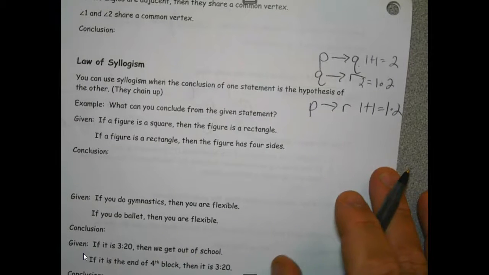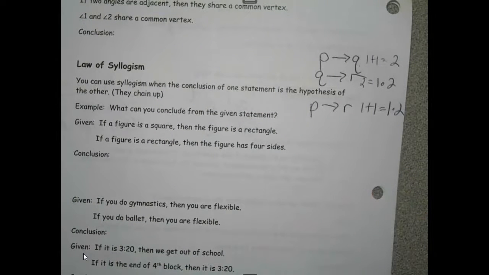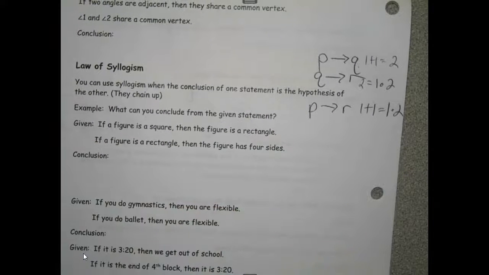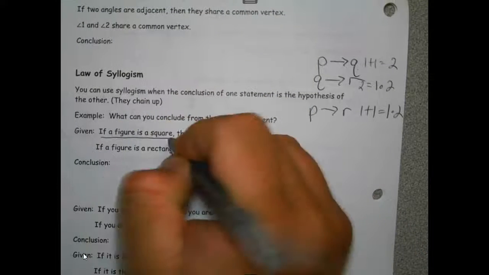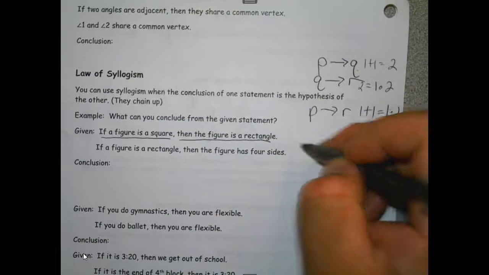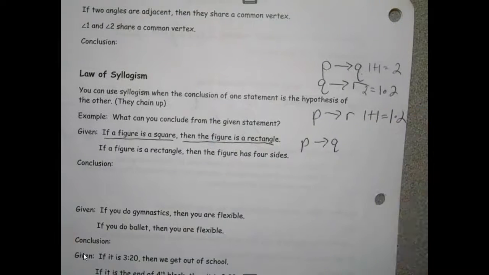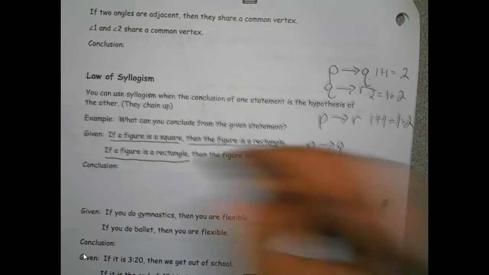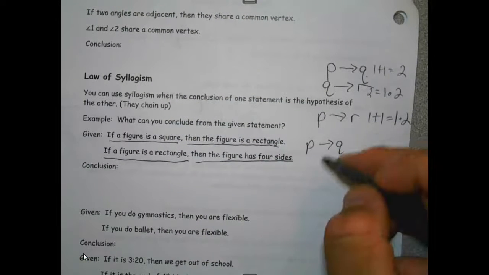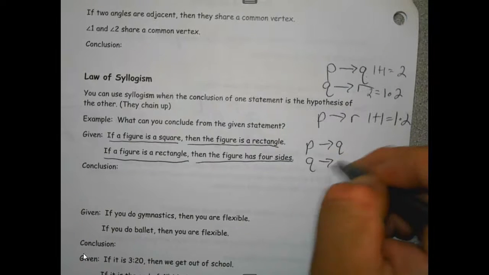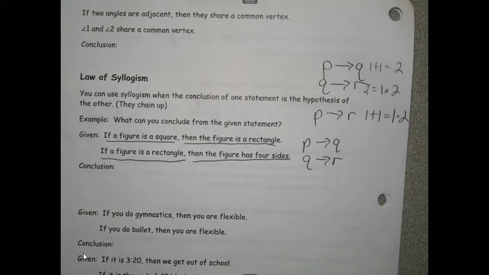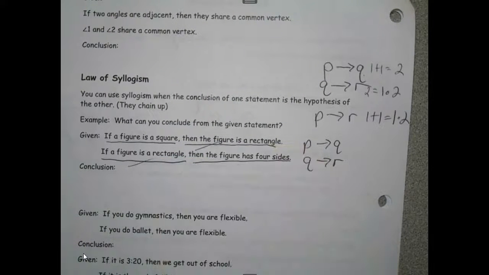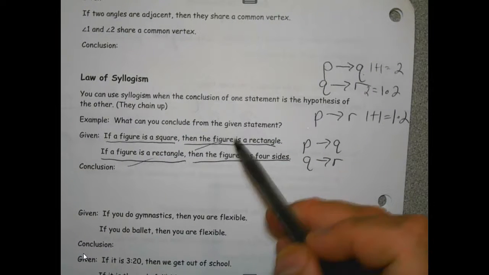And so in order for something to follow the law of syllogism, we have to have that flow. So if a figure is a square, then a figure is a rectangle. That's P to Q. If a figure is a rectangle, then the figure has 4 sides. That's Q to R. So what's our logical conclusion? Well, I've used rectangle twice, so I can't use that again.